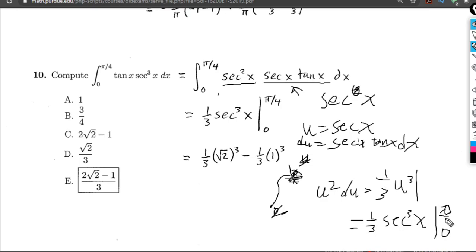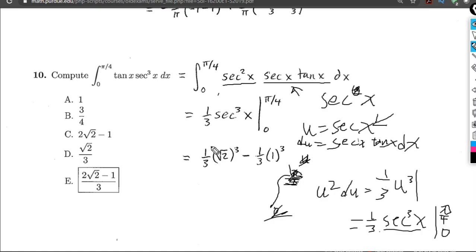Remember, when you use substitution, you can either solve for the bounds: put the x bounds in, solve for u, and use those as the bounds for u, and solve it there. Or you can sub x back in for u and use the original x bounds.